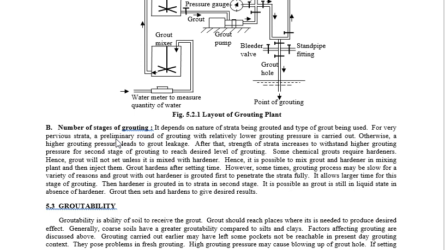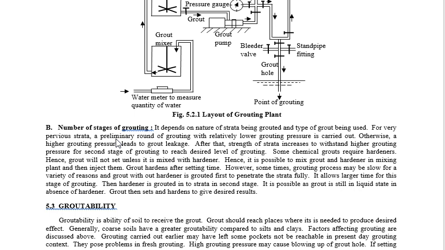So that is why in the initial stage you first apply a low pressure grout, so that the soil can get ready for taking high pressure grouting. When you apply low pressure grout, the grout reaches slowly, the soil achieves some strength, and it is ready for the higher pressure grouting.